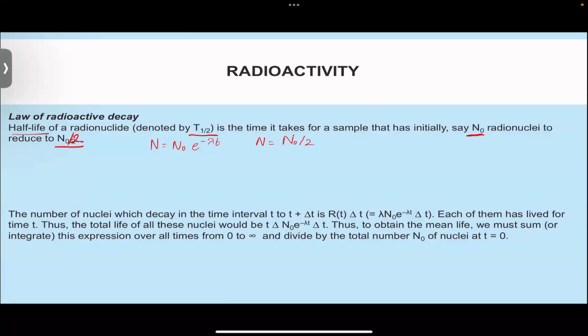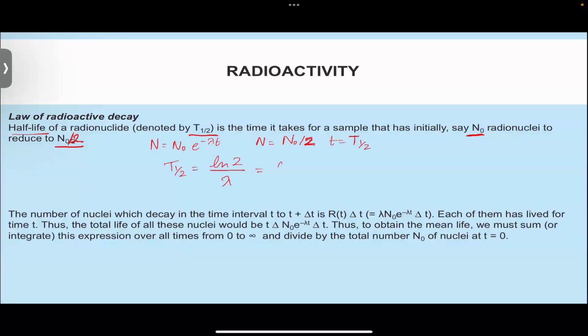Suppose at time t half, your n becomes n0 by 2. Then what we get is T half is equal to ln2 by lambda.